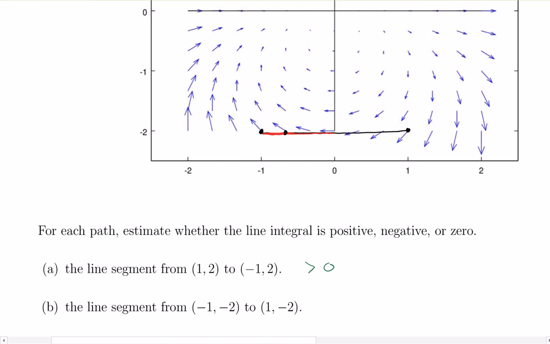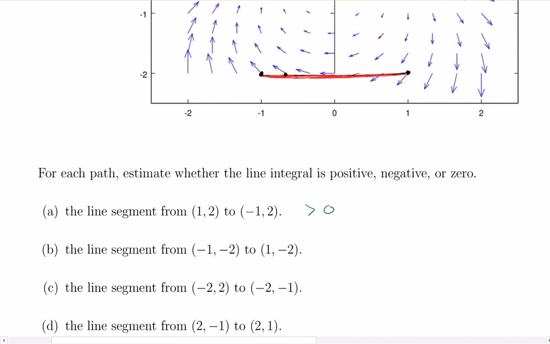So the velocity is always pointing to the right, but the arrows in the vector field are pointing to the left. The angle between them is always going to be more than 90 degrees, so the dot product will be negative. And that's true all along the curve, so we're integrating a negative function, so the answer is going to be negative.